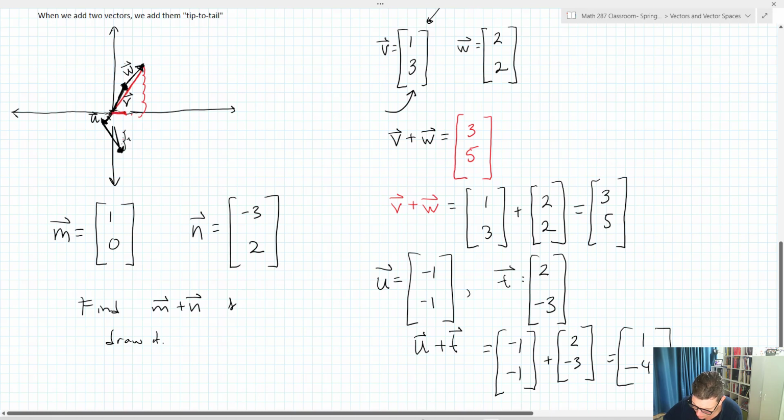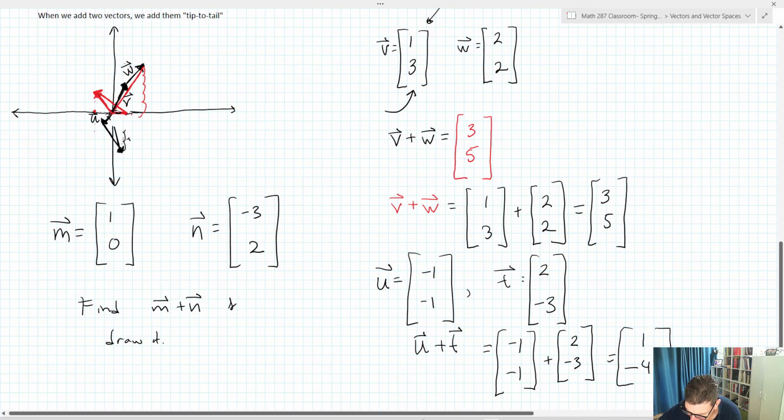So 1, 0, okay, there's 1, 0, and then -3 is in the x direction, so it's 1, 2, 3, and then up 2, excuse me, up 2. And there we are. And there is our vector.